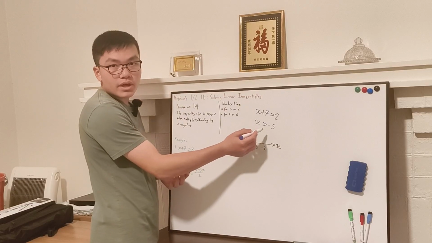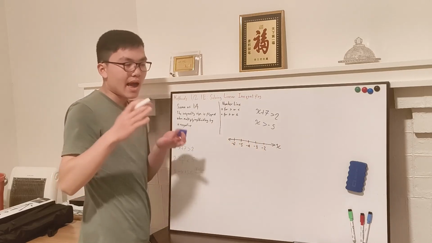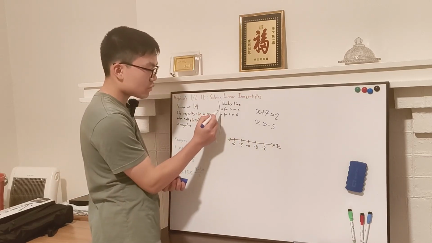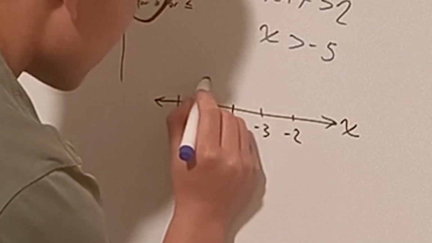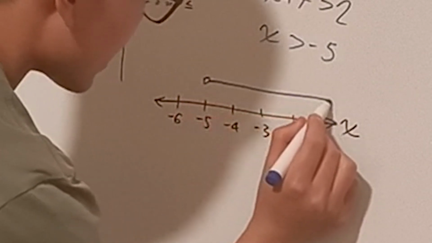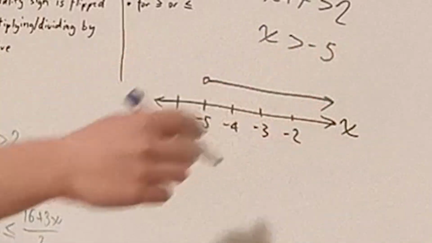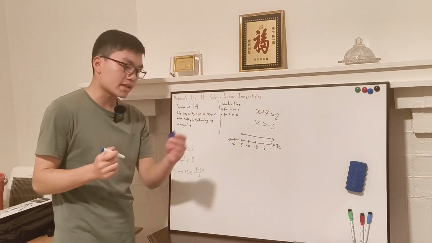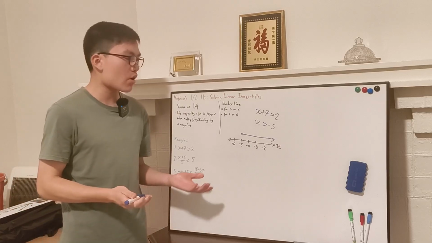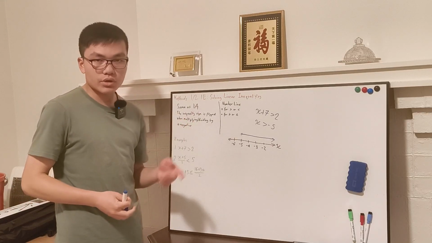We have a more than symbol here. It doesn't mean that it can be minus 5. So in this case, we have to draw a hollow dot right above minus 5. There we go. And then x is heading up the positive way, so we're going to draw the line to the right. That's pretty much our answer for the first question, including this number line.